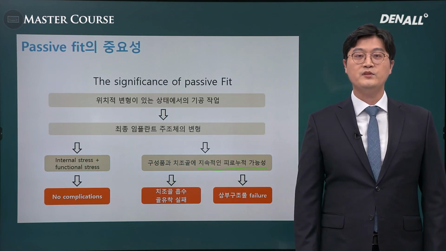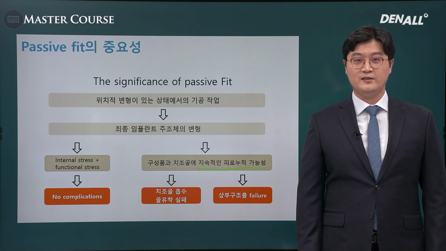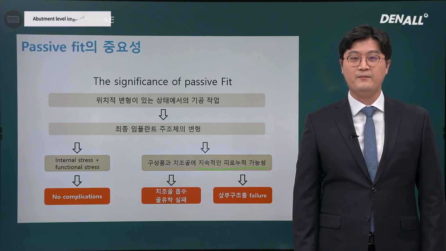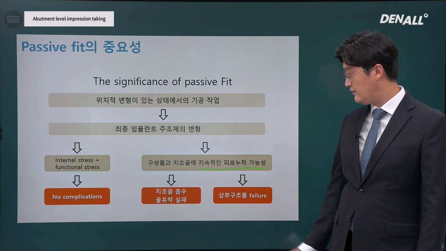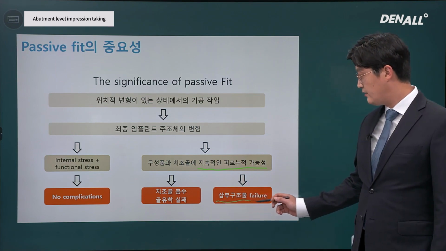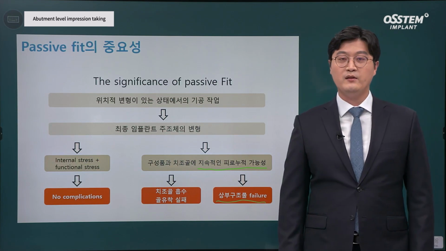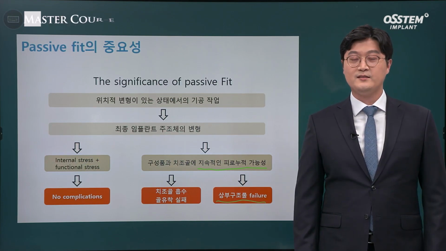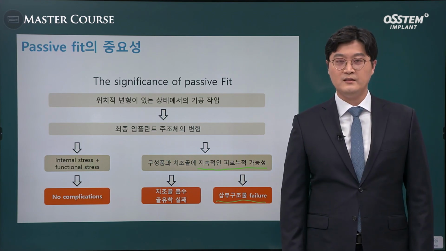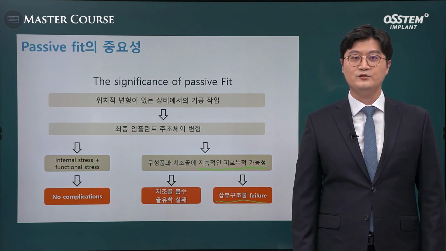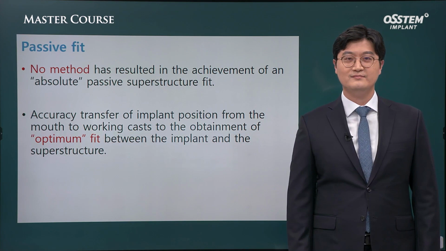In the worst case, osseointegration can fail. And when an unfavorable prosthesis is delivered, the superstructure can fail or become fractured, and the screw between an abutment and implant can be loosened or fractured. Not a very good situation.